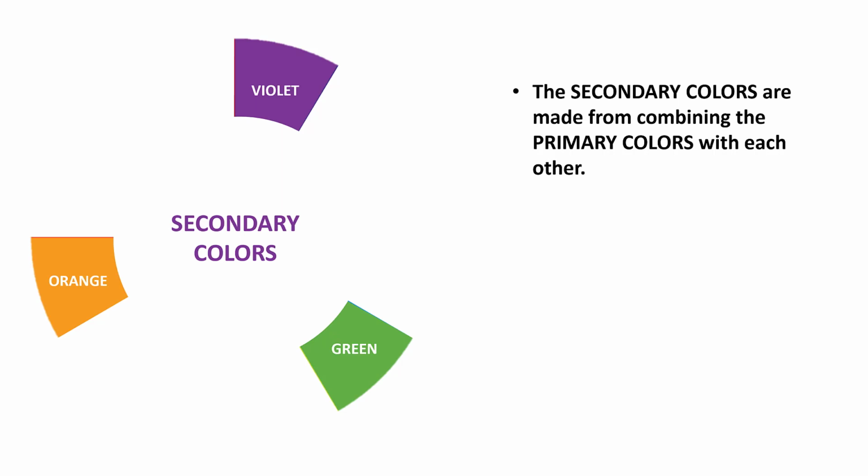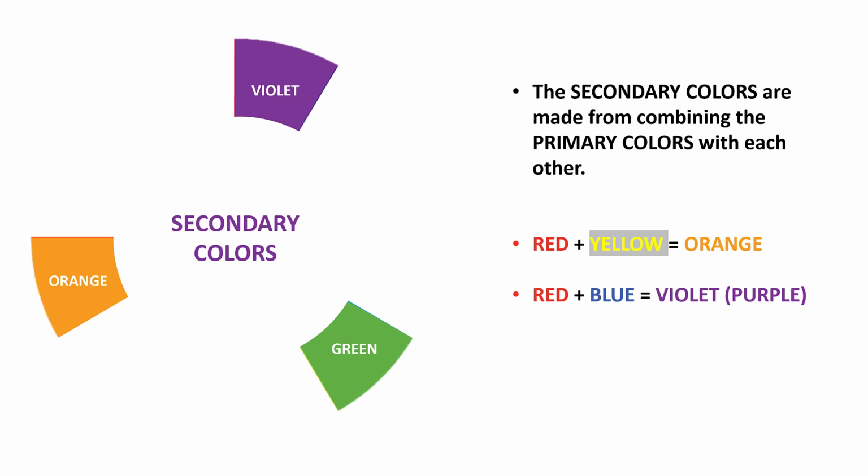These colors are made by combining primary colors together. So for instance, red, which is a primary color, and yellow, which is a primary color, mix together to make orange. And red and blue, both primary colors, mix together to make violet or purple. And then blue and yellow make green.